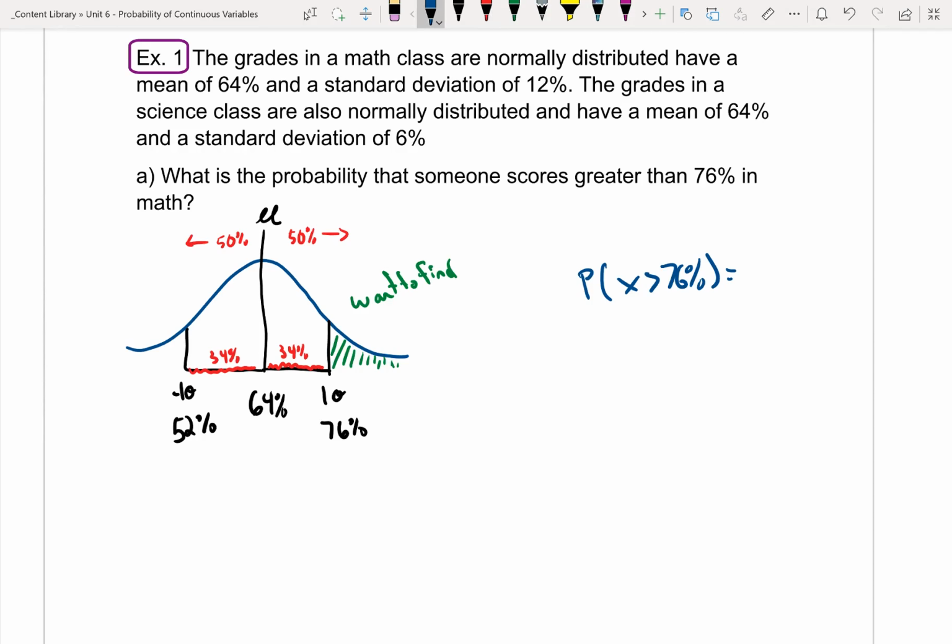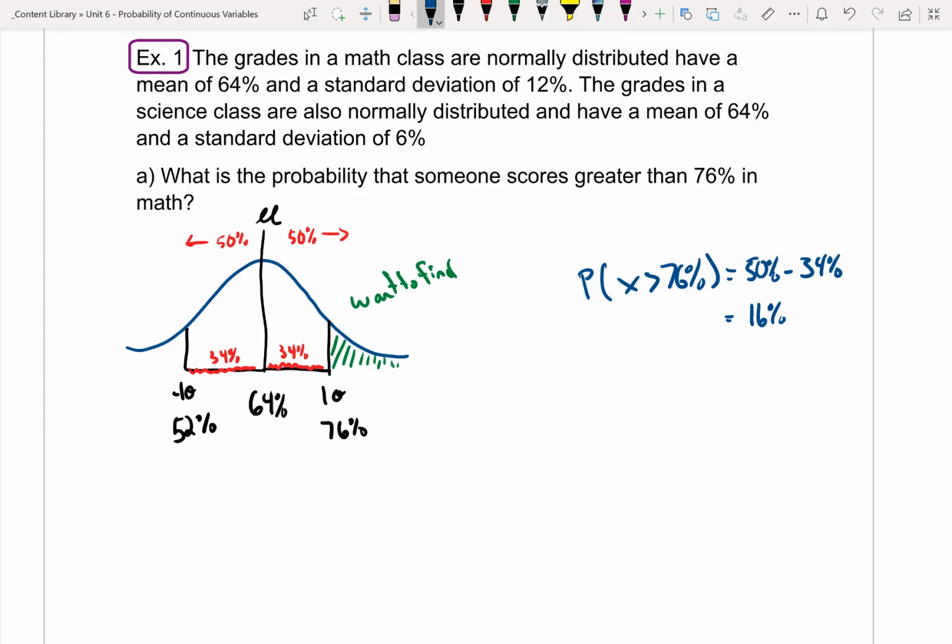So what I'm looking at is I want to find 50% minus 34%. I know that everything in the upper half above the mean is 50% of the data. I know that 34% of the data is contained within the one standard deviation. So if I do 50% minus 34%, I should find out that it's 16%.